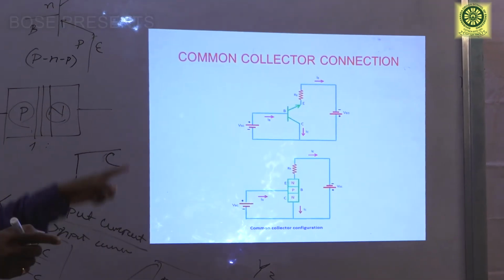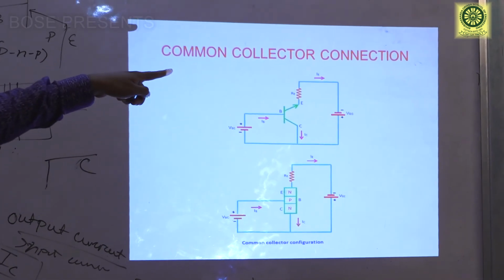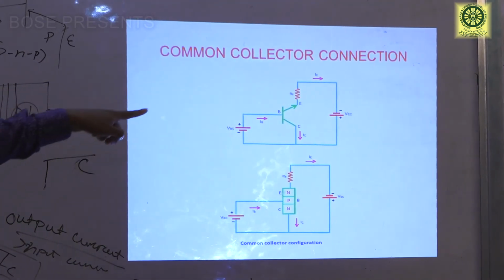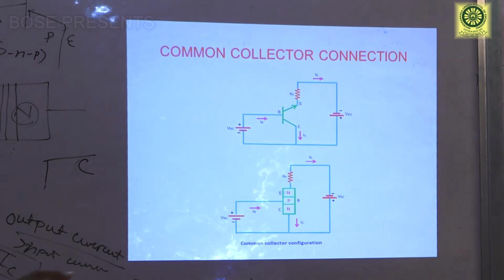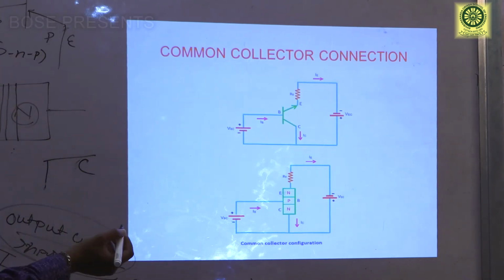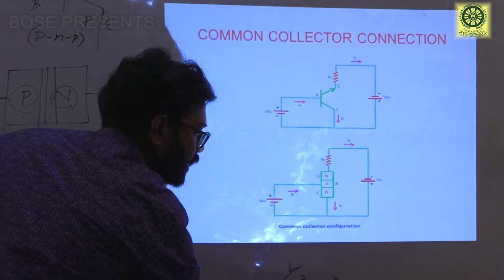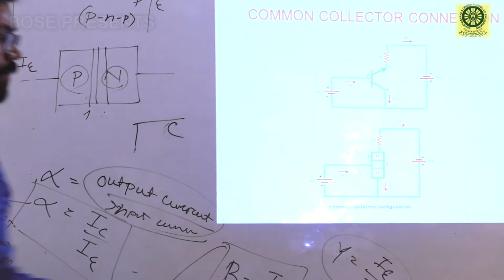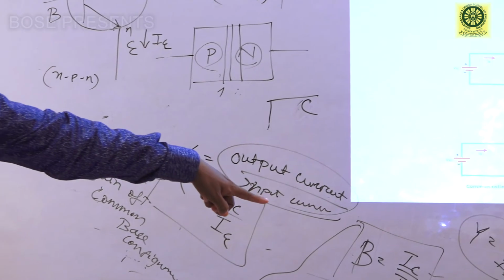In this case the output current is IE and the input current is IB. So gamma is equal to IE by IB.